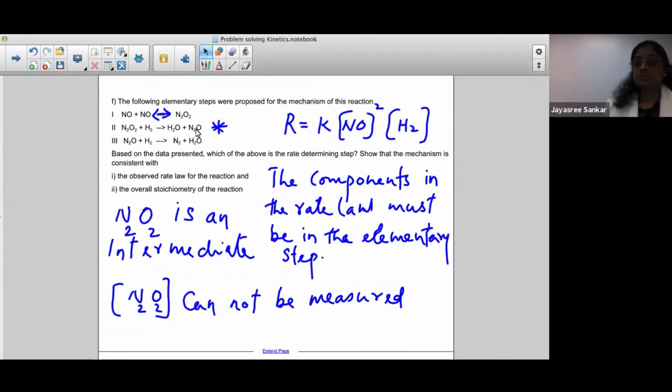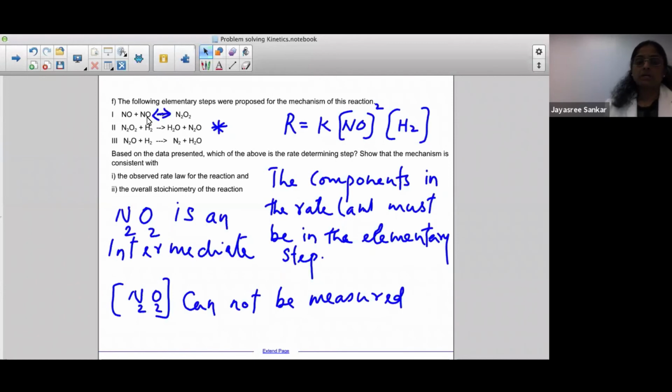And it is produced in the second step, starting with another intermediate, N2O2. So that doesn't really work. But even though hydrogen is there, along with N2O, there is a chance that you can substitute N2O2 from the first step because it's a reversible equilibrium. Whenever there is a reversible equilibrium, we have a dynamic equilibrium existing. So there is a chance.